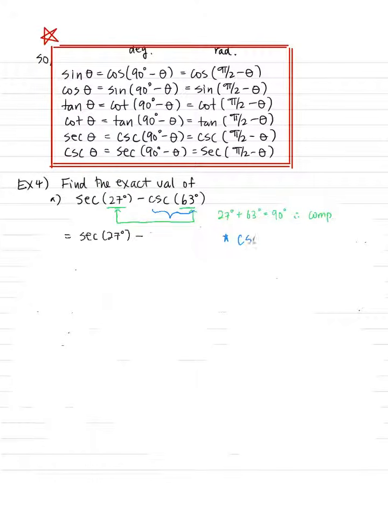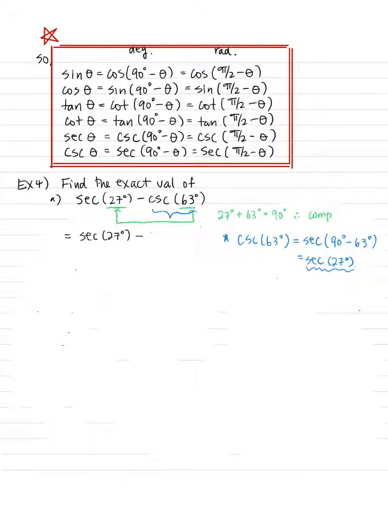All right, so I'm going to work it on the side. Note that cosecant of 63 degrees is secant of 90 degrees minus 63 degrees, which is secant of 27 degrees. Okay, so keep that in mind. All right, so we got what?